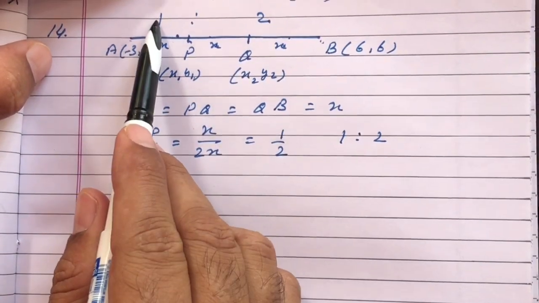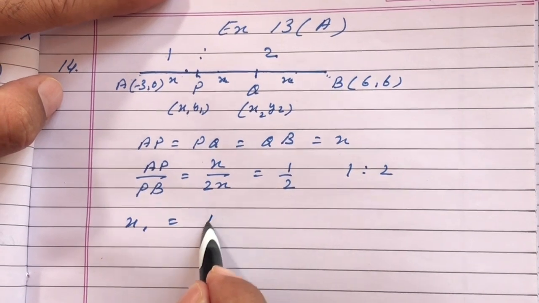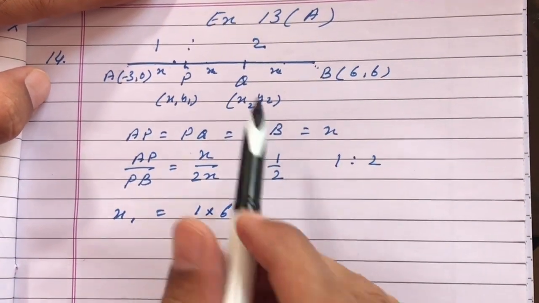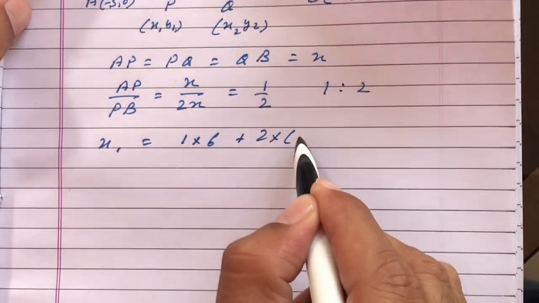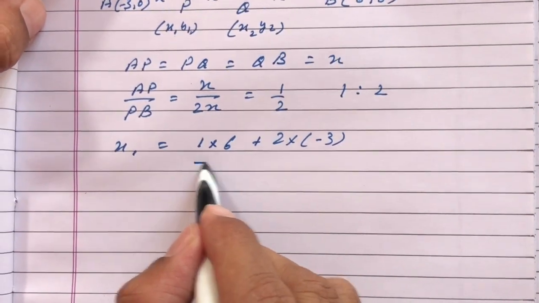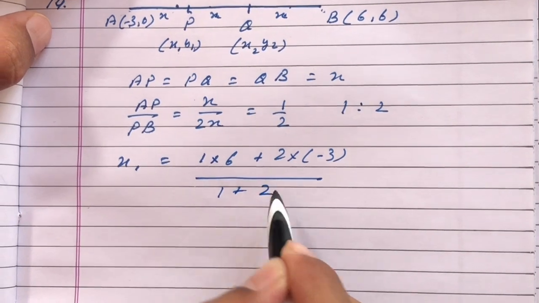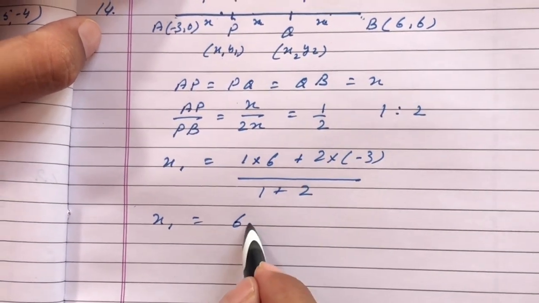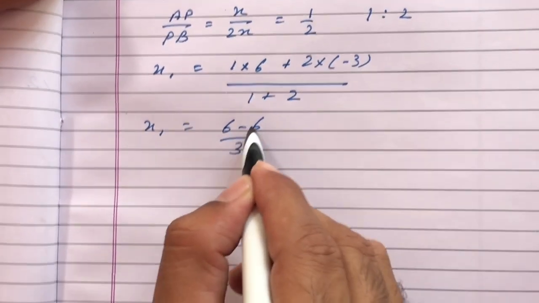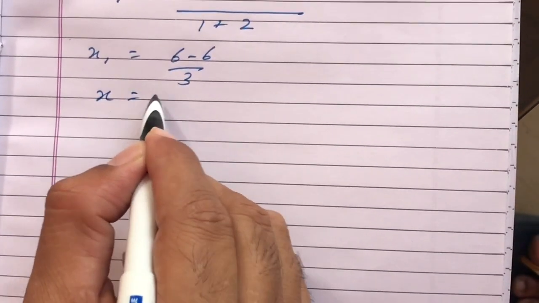x1 is m1 x2 plus m2 x1, that is 1 into 6 plus 2 into -3, upon m1 plus m2. So x1 is 6 minus 6 upon 3. It is 0. So x1 is 0.